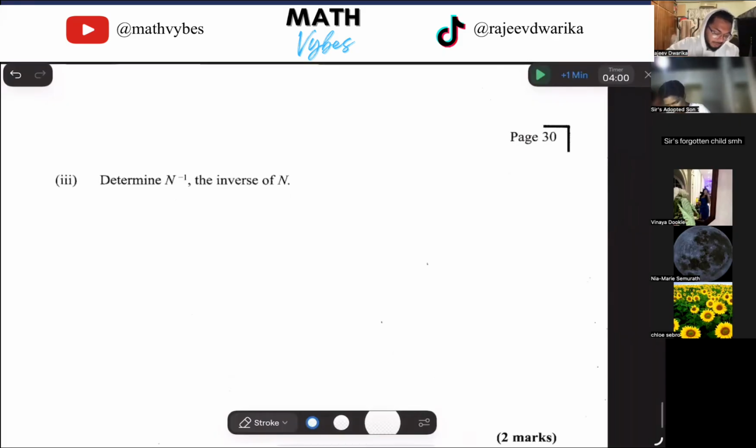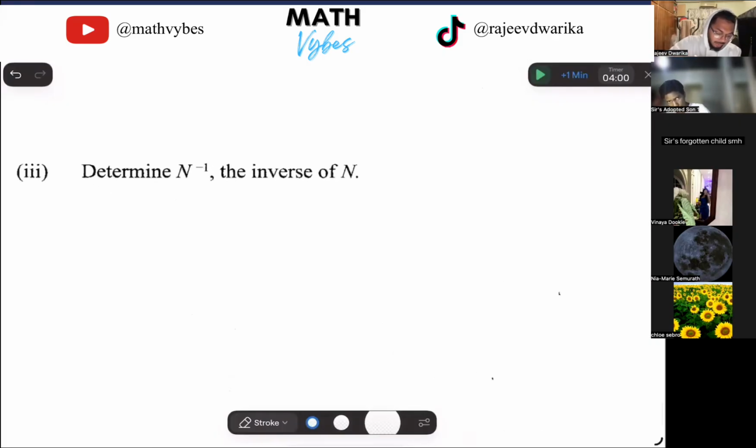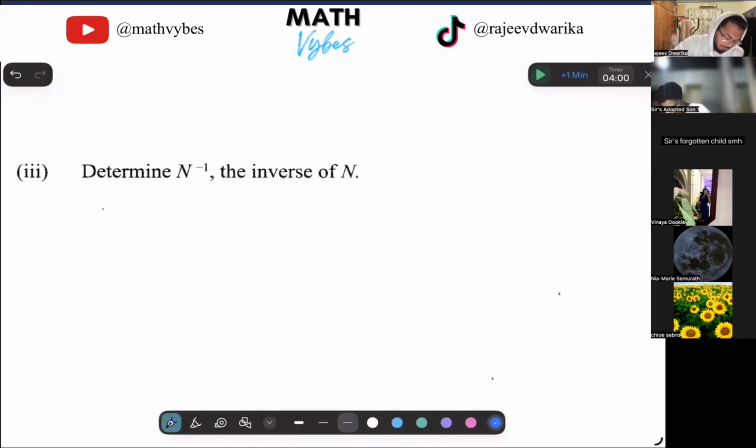Right, okay, part 3. Determine N inverse, the inverse of N. First things first, can you tell me the formula for N inverse? I know what it looks like, but I don't know how to say it.